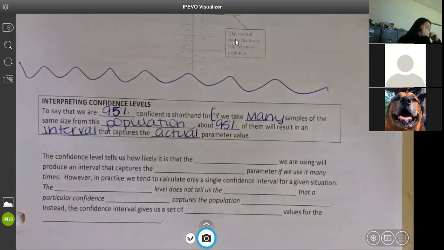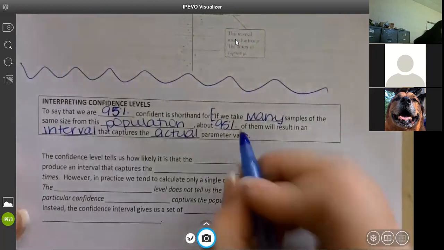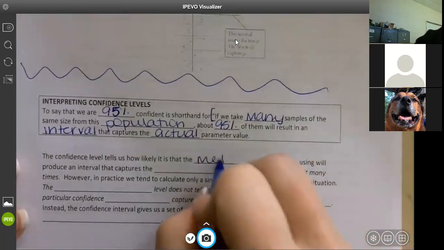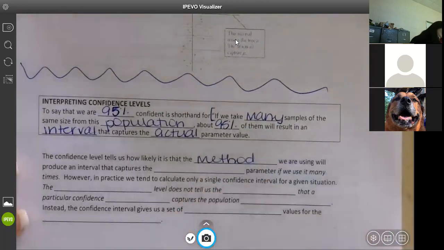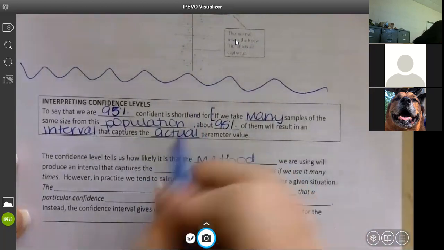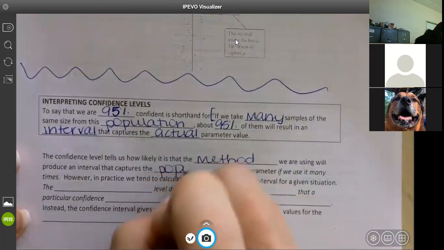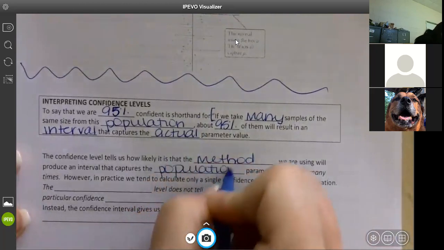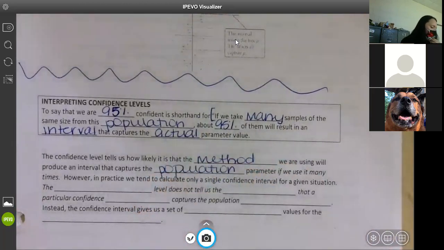The confidence level tells us how likely it is that the method we're using will produce an interval that captures the population parameter if we use it many times. However, in practice, we tend to calculate only a single confidence interval for a given situation.